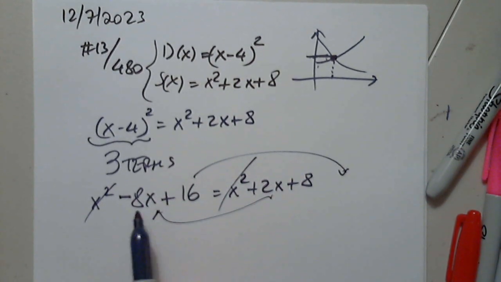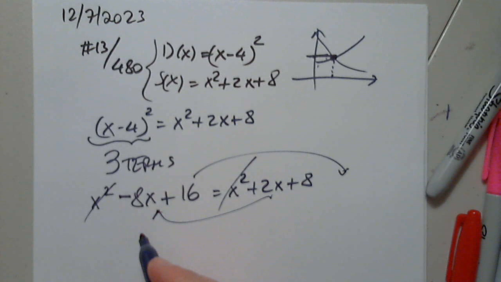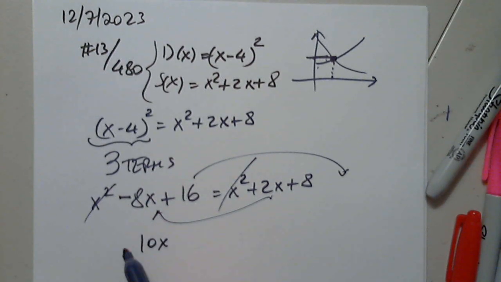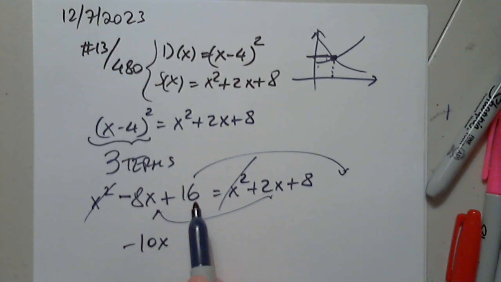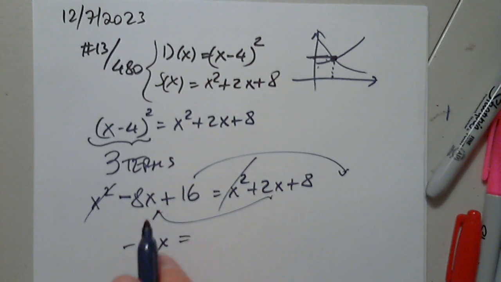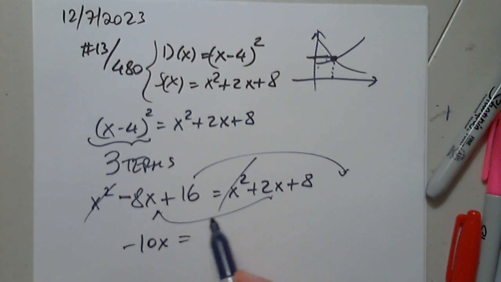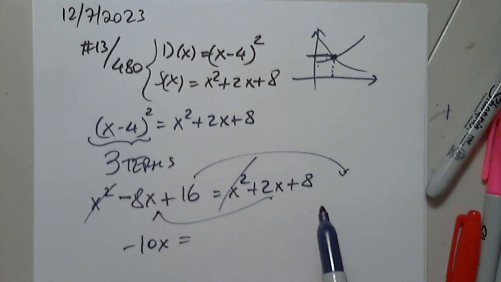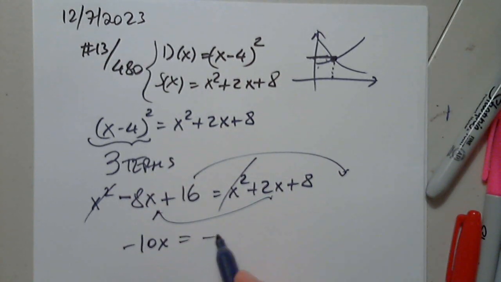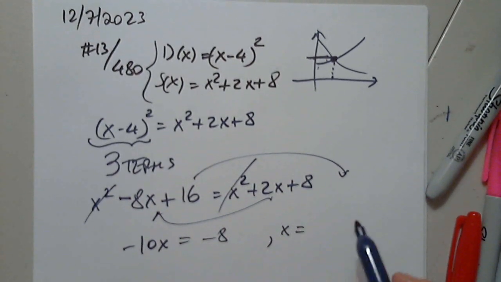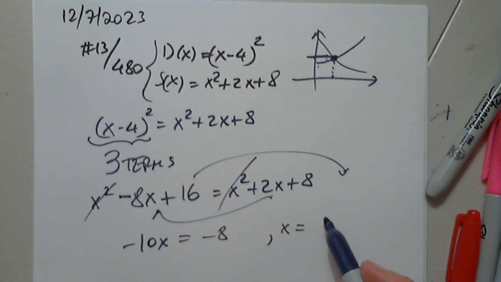When I move 2x, it becomes negative. So then I have 10x, of course, negative. When I move 16 to the other side, it becomes negative. So I have negative 16 plus 8, negative 8. So then x appears to be 8 divided by 10, or 4/5.